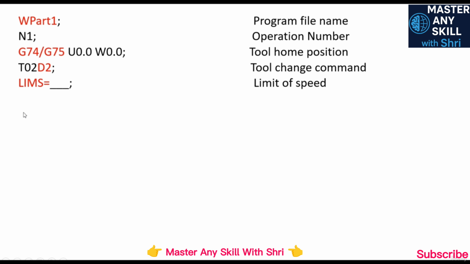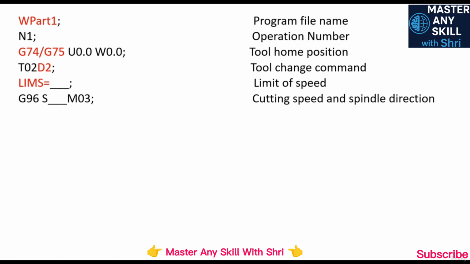But in Siemens, instead of the G50 code, we write LIMS is equal to, and after the equal sign, we give the maximum spindle speed. So the machine will understand that this is our maximum spindle speed limit. After that, G96 cutting speed and M03, which is the same as Fanuc control.